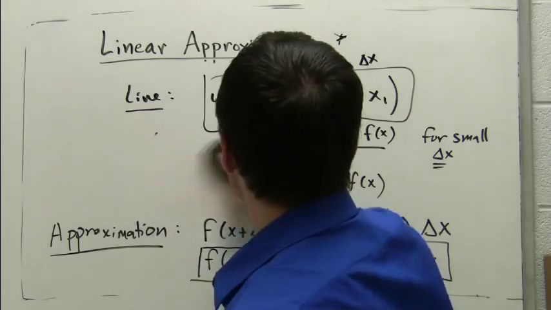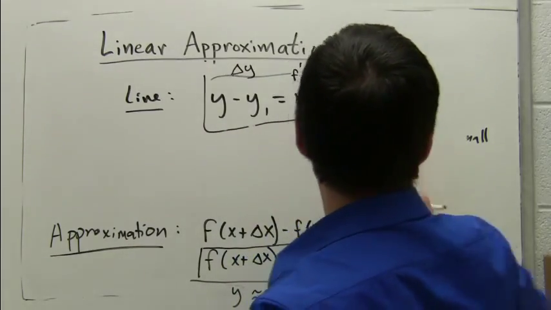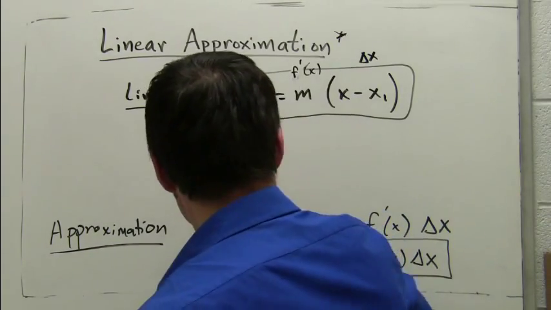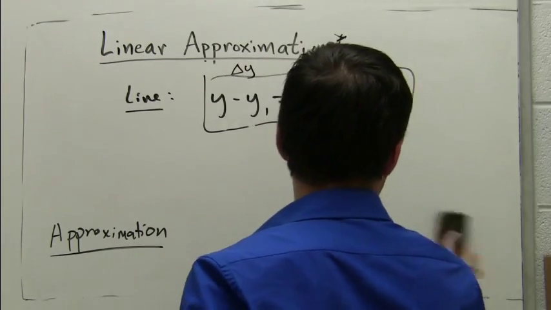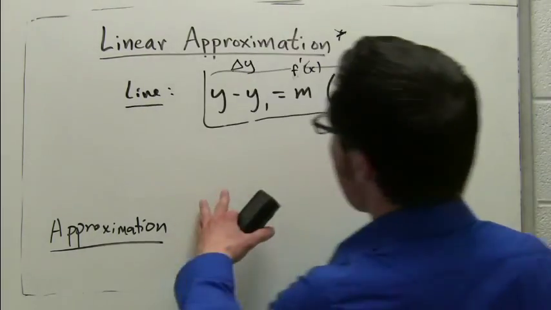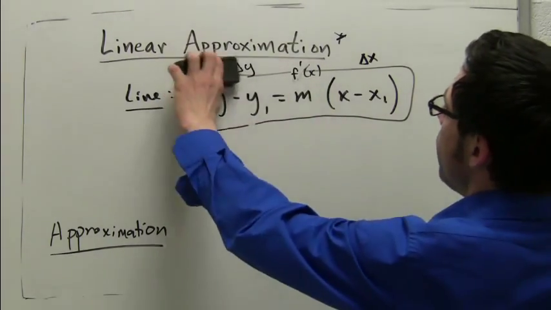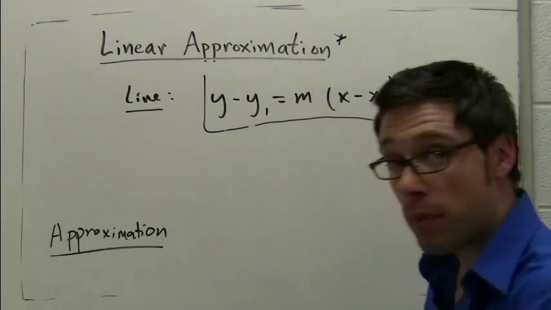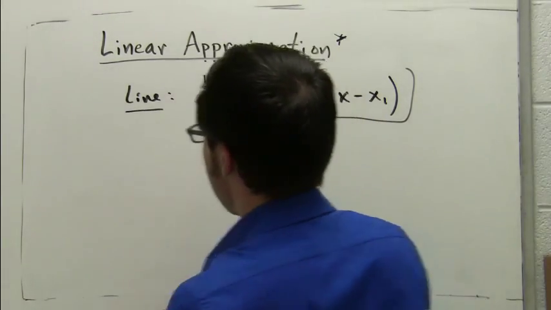And now that I have figured out how this works, let me rewrite this so it looks even nicer. That is that I'm approximating my value of my function f nearby. So let me write it this way.